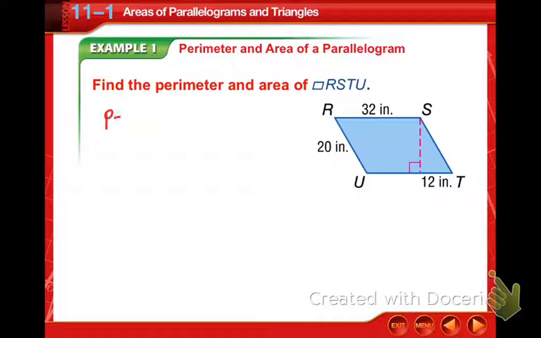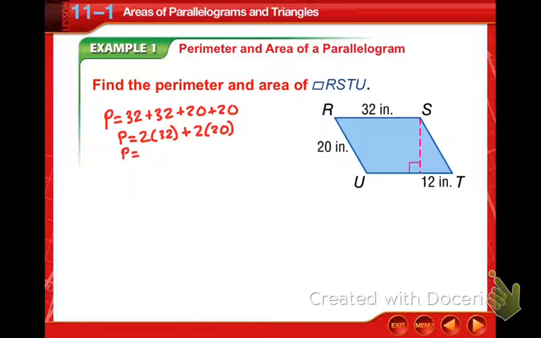So for the perimeter, we know that one side is 32, the other side is 32, one side is 20, and the side opposite is also 20. So our perimeter is 2 times 32 plus 2 times 20. Same as if you were looking at a rectangle. So 2 times 32 is 64, and 2 times 20 is 40, so our perimeter is 104, and our unit is inches.